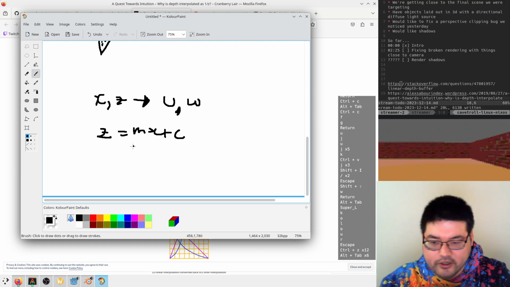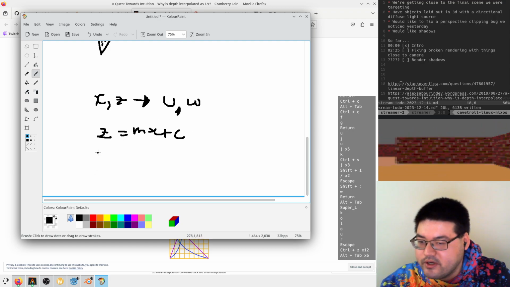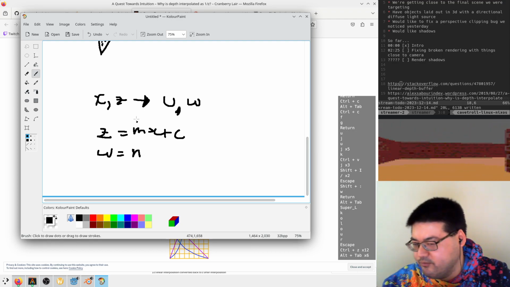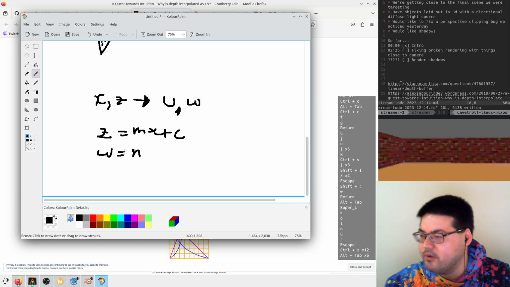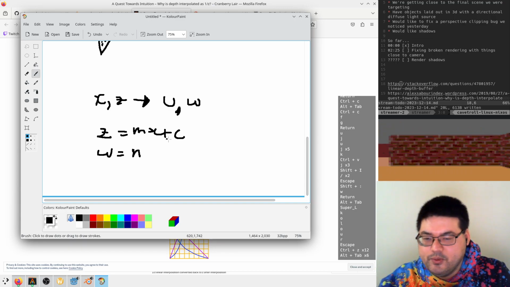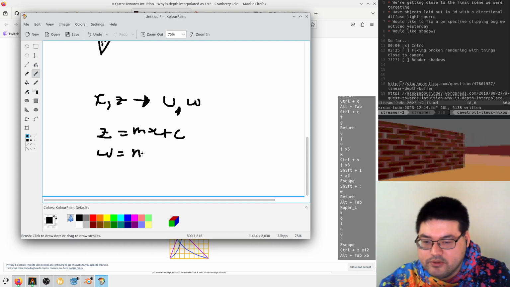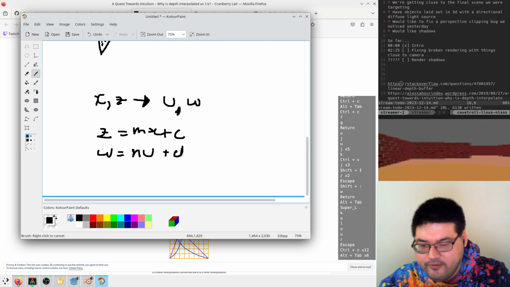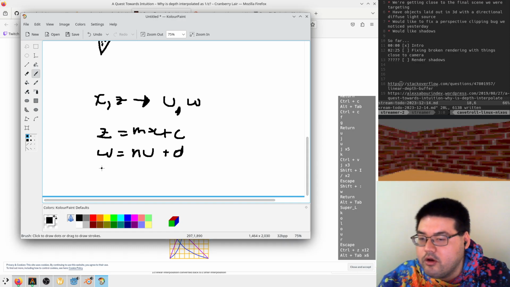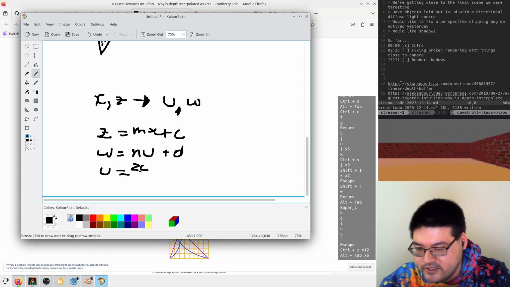That's the line formula. We also have this new constraint that w is equal to n, where we're just going to rename the constants because we don't care about how they're scaled, just the shape. So w is equal to nu plus d. And then we have this third thing, we already know that our u is equal to x over z.